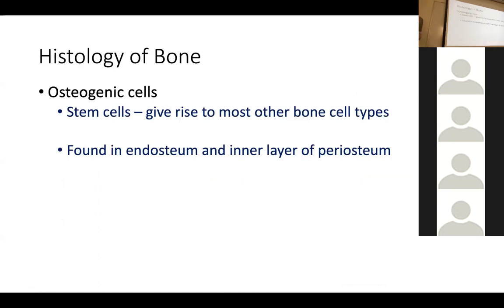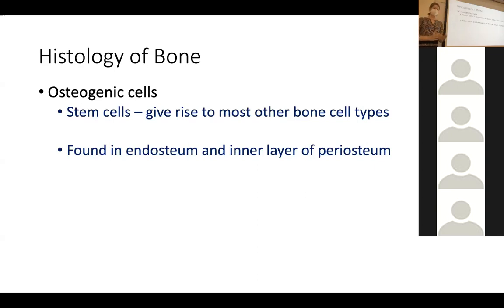The first one, the osteogenic cell, is a stem cell. You guys have probably heard the term stem cells before. These are just cells that give rise to many other kinds of cells. In this case, it's cells that give rise to other bone cells. They are found specifically in the endosteum, which, if you remember, again, lots of terminology, I know.